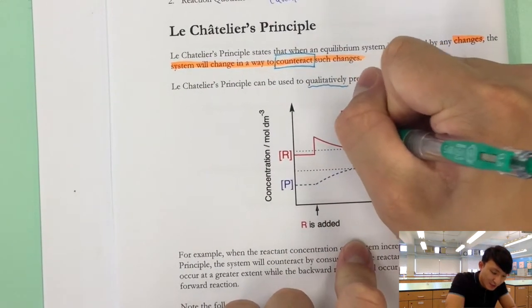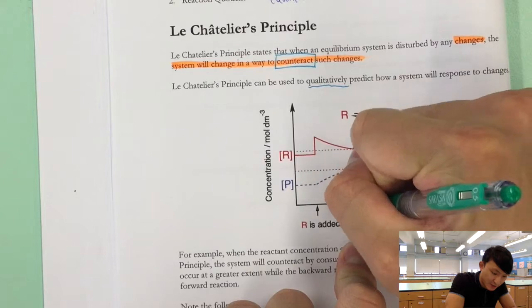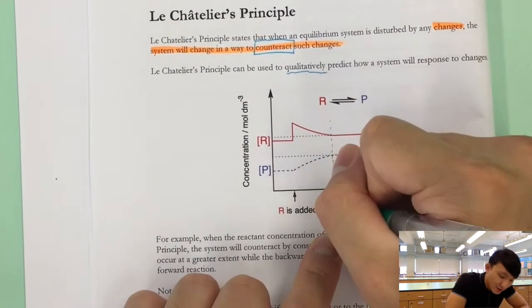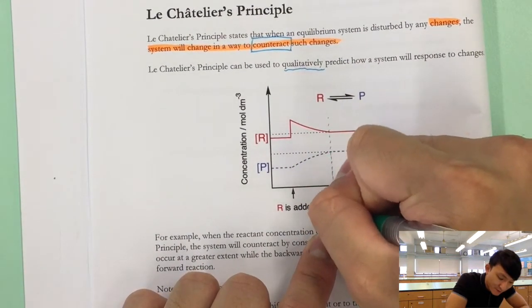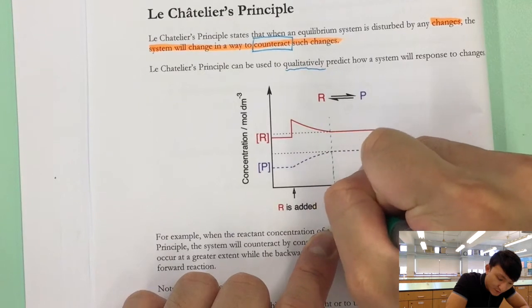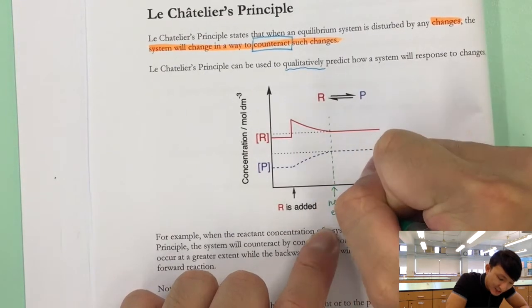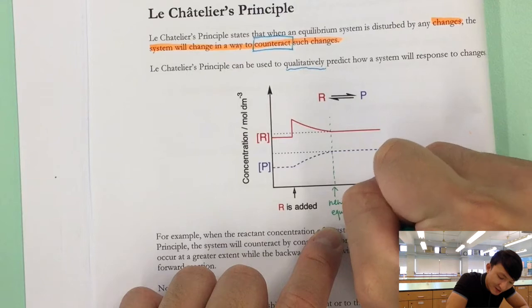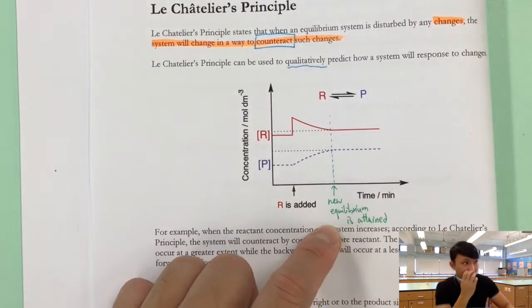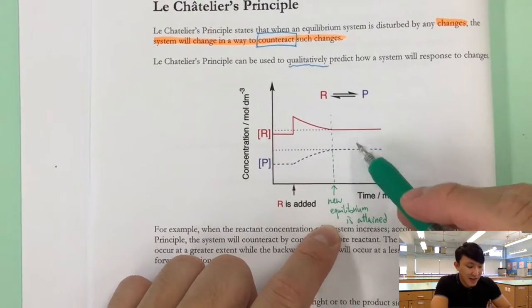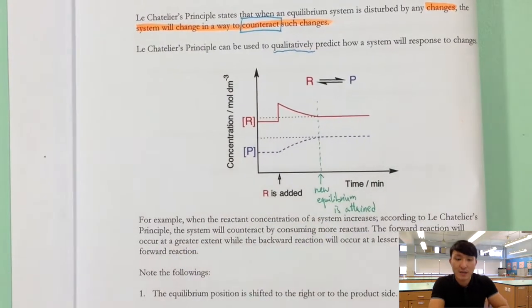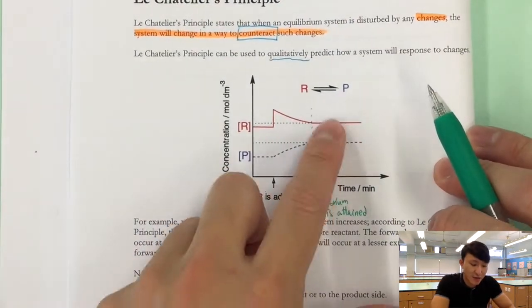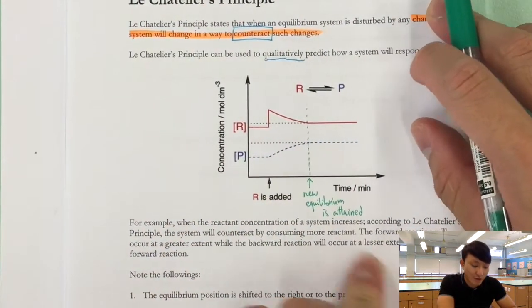It tells you that at this particular point, a new equilibrium is attained. Because you see now the concentrations of R and P are not going to change, so that means the equilibrium state has been reached.